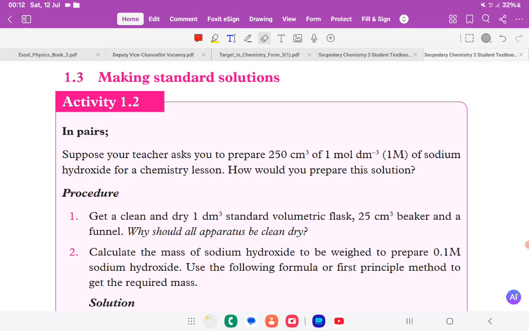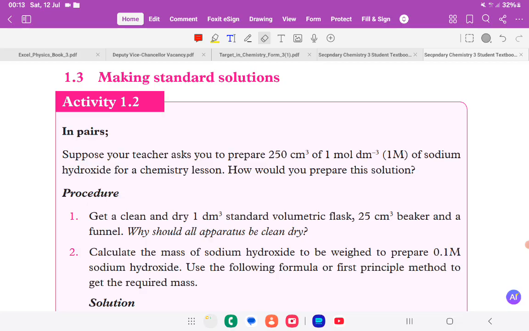Right, so as practical exams are fast approaching, I would like to share with you one of the most frequently asked questions, which is to explain how you can prepare standard solutions.